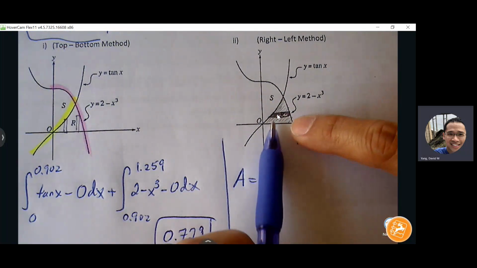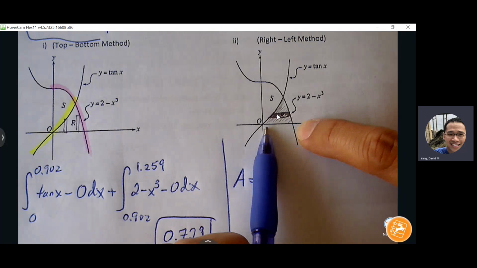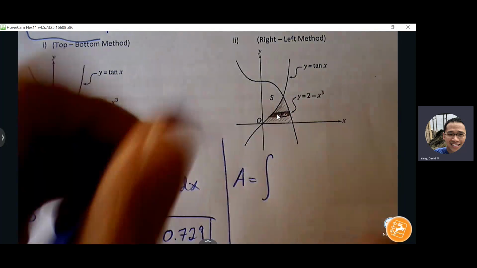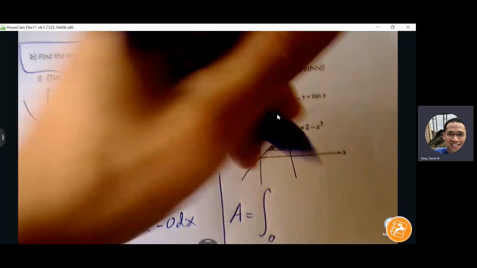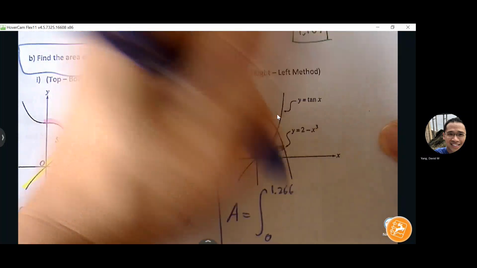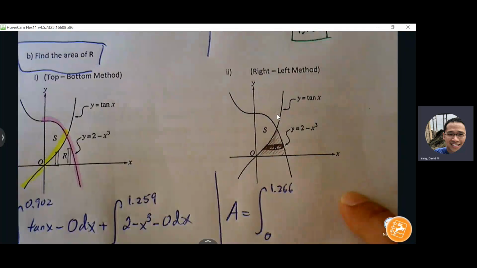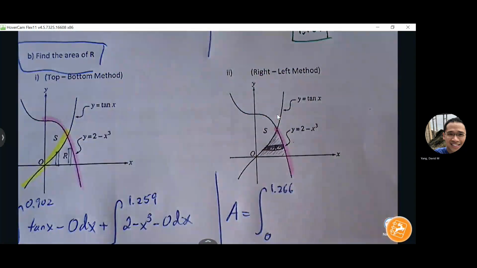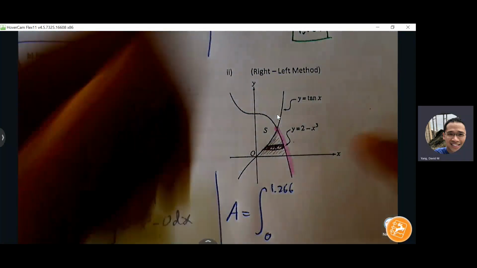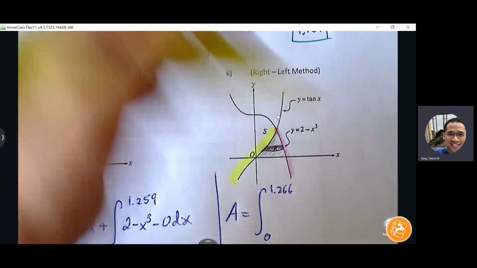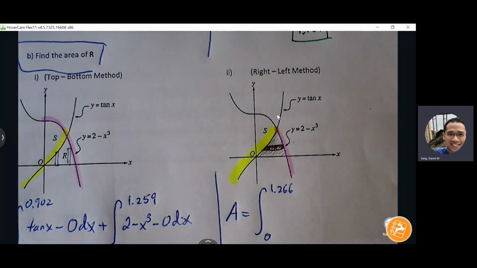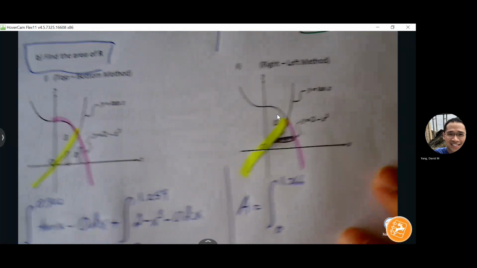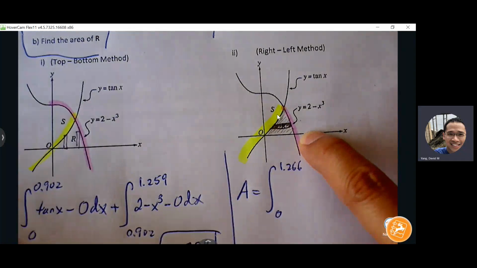So we're stacking these horizontal rectangles from y, lowest y value 0. What's the highest y value? Yeah, 1.266. Right minus left. Now we can't use the 2 minus x cubed and tangent x, right? But it's okay because we already gathered those adjusted equations from above. So what's the curve on the right?